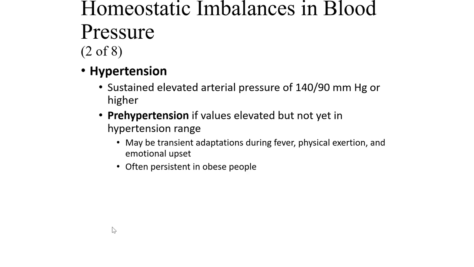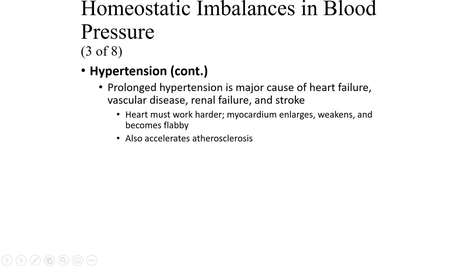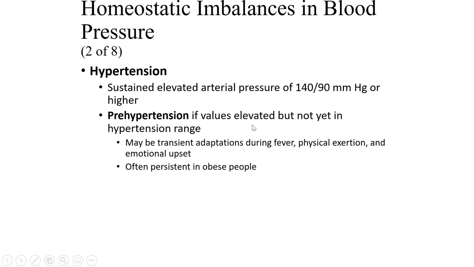But whenever you have hypertension, it's a different story. This is what you call sustained elevated arterial pressure, which is about 140 over 90 millimeters of mercury, and that's sustained for a longer period of time. Pre-hypertension is this area here.